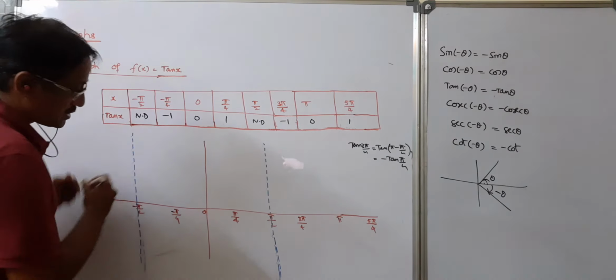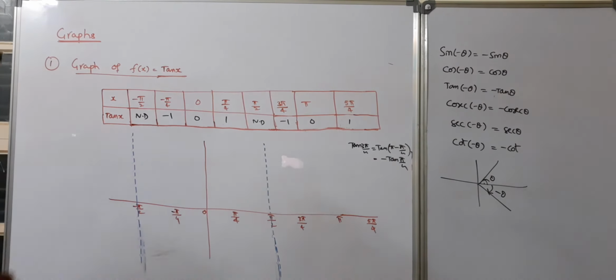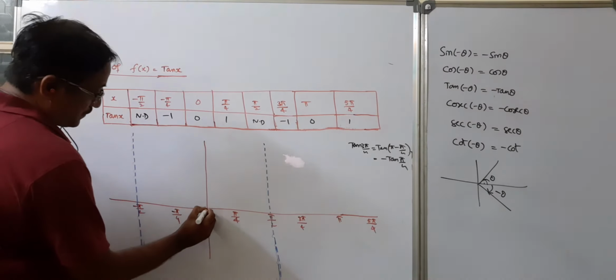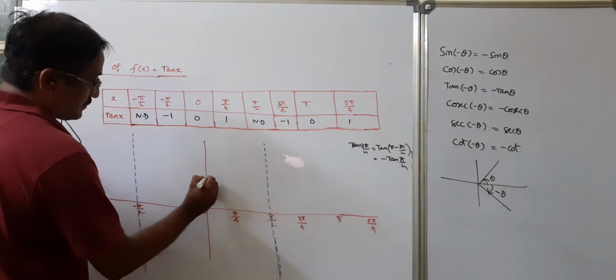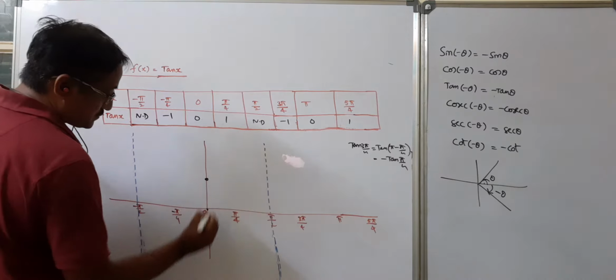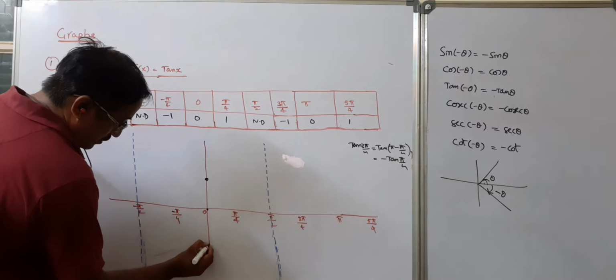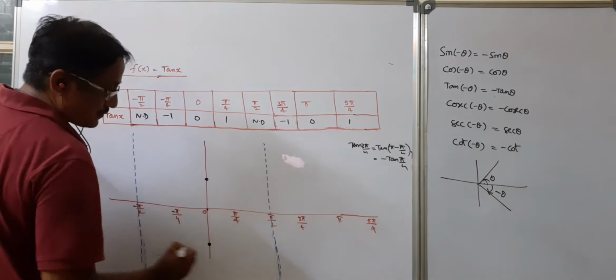Now the other points are 0 and 1. You have minus 1 also.